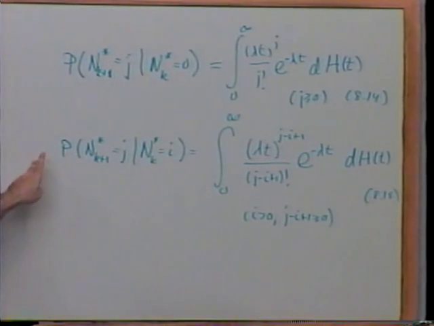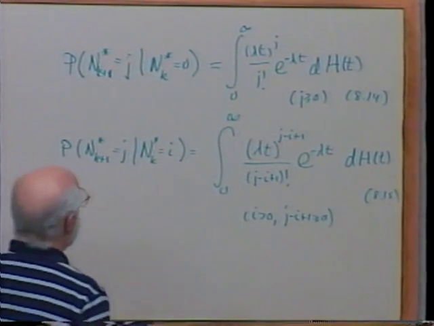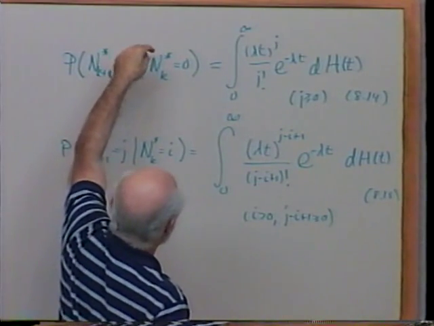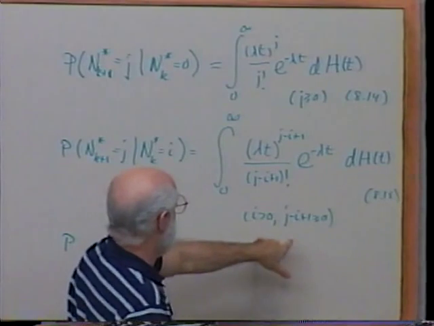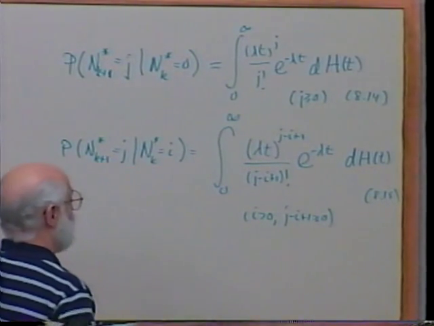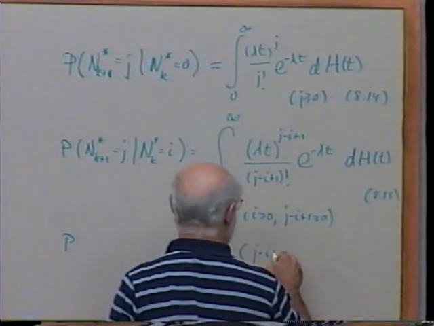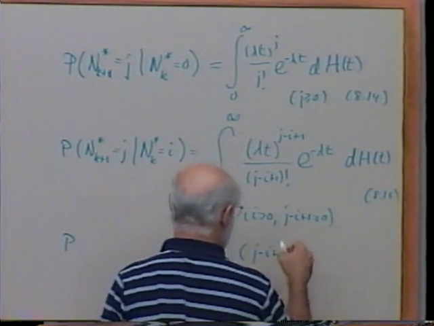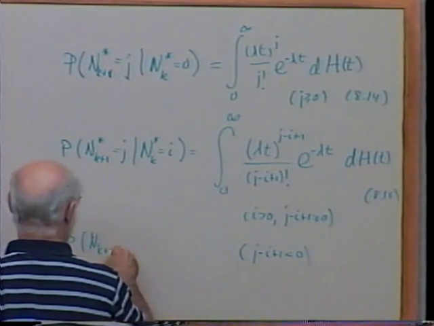Everybody in agreement so far? Okay, now, what about the case in which i doesn't equal 0, but j minus i plus 1 is less than 0? Then of course the probability is 0, because that represents something that's impossible.